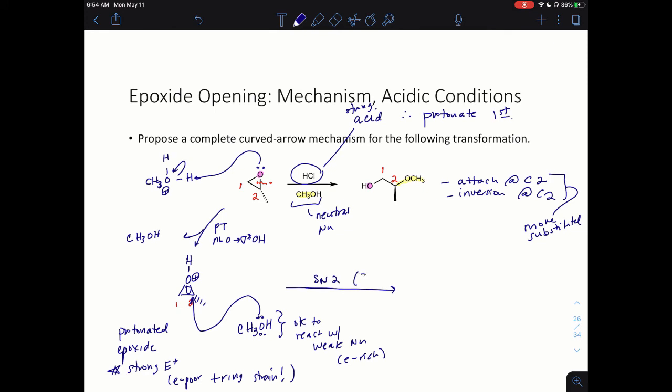So let's look at this. We're proposing an SN2 mechanism, and I'm putting the question mark and the exclamation point because we're attacking the more substituted carbon, which typically we think does not happen. All right, so here we go.